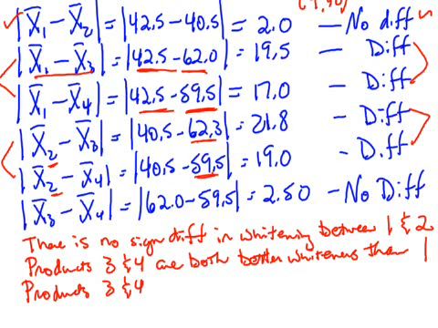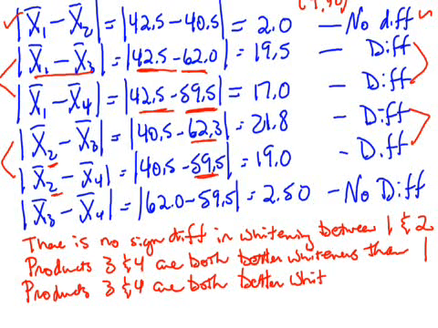Products 3 and 4 are both better whiteners than 2. Please do not try to combine all 4 of those middle pairs into one sentence.